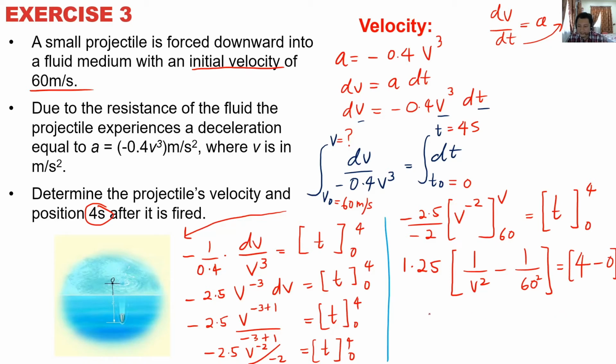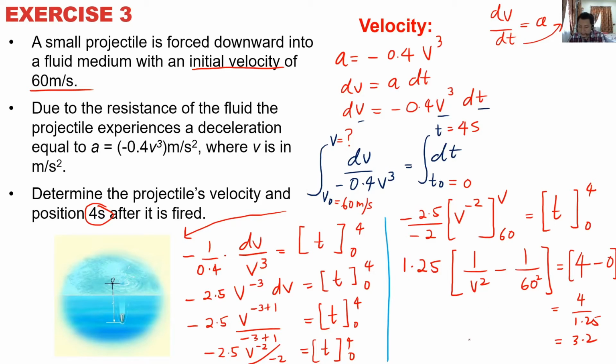So let's solve this. 4 divided by 1.25 equals 3.2. I think this one is eliminated. It becomes too small.